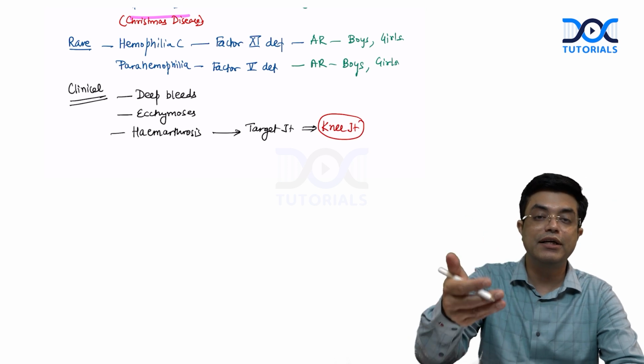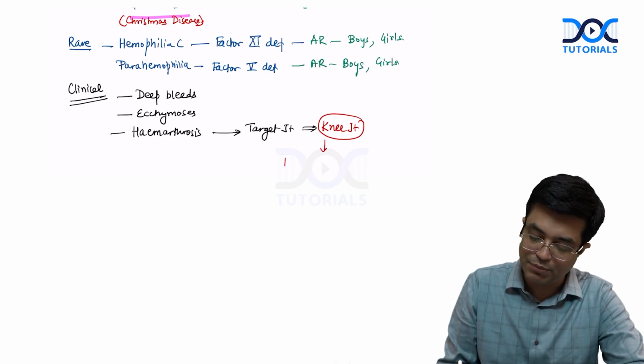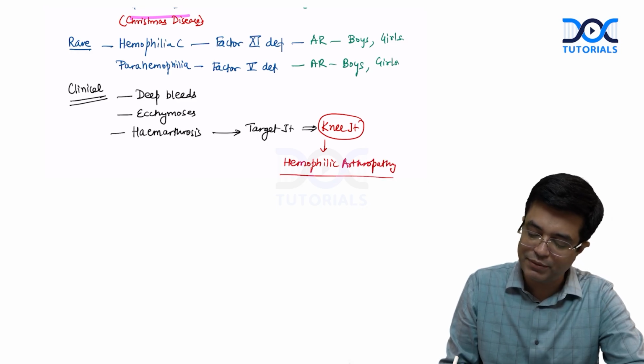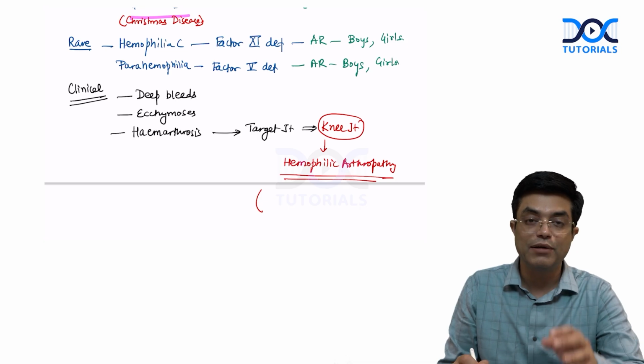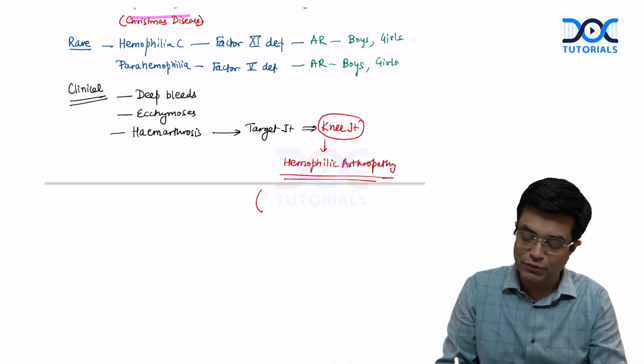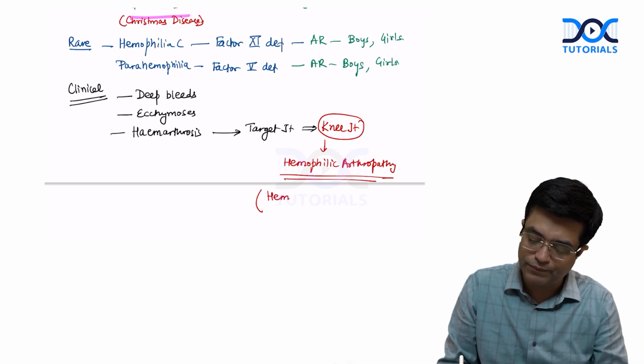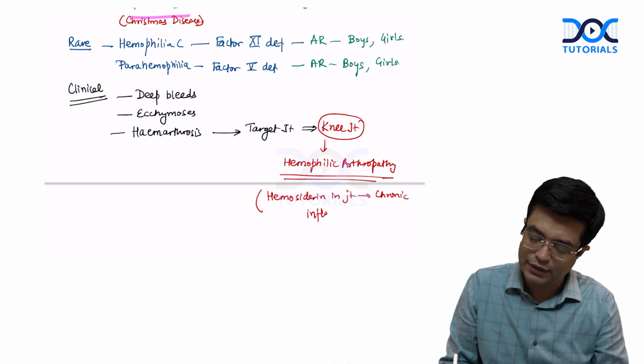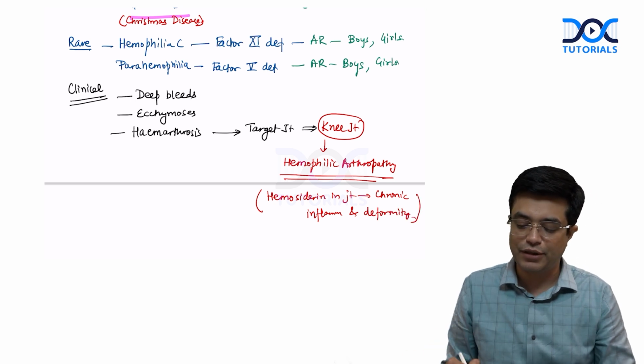Due to repeated bleeding into one joint, this can lead to the development of hemophilic arthropathy in the later stages. Hemophilic arthropathy is deforming arthritis which occurs when bleeding occurs, and then there is accumulation of hemosiderin. Hemosiderin in the joint causes chronic inflammation and deformity. And that is the mechanism of how hemophilic arthropathy tends to occur in the patient.